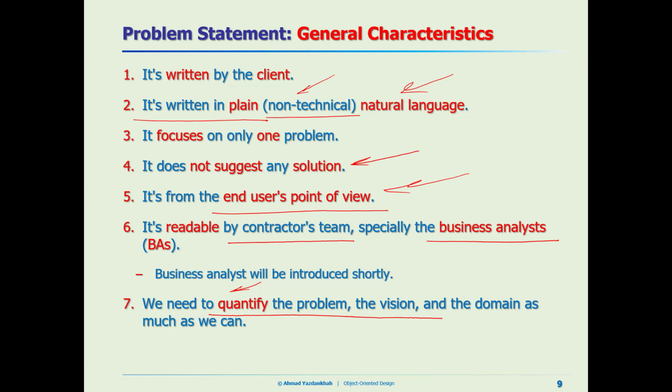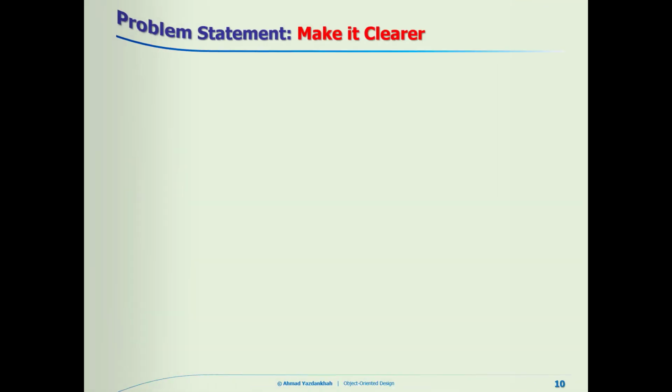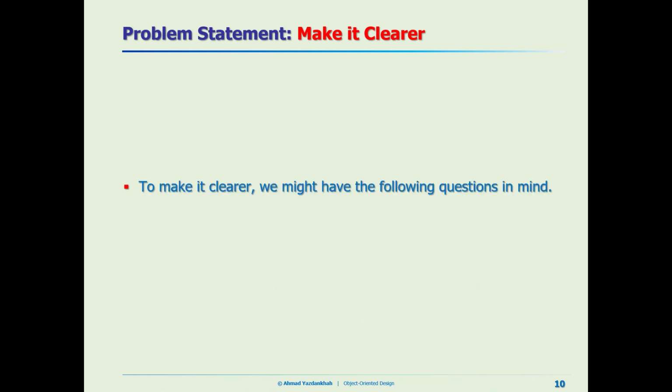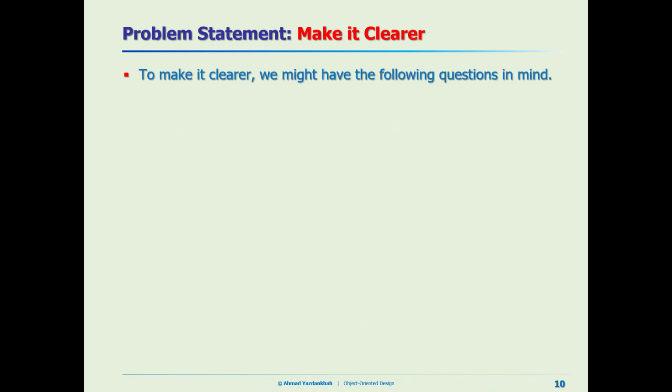Anyway, if you want to make it clearer, or if you don't have any idea how you should start, there is a way that you can use. It is called 5 W's plus H. In some articles you might see just 5 W's.